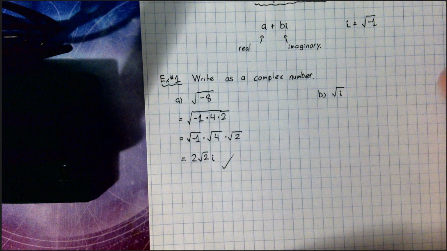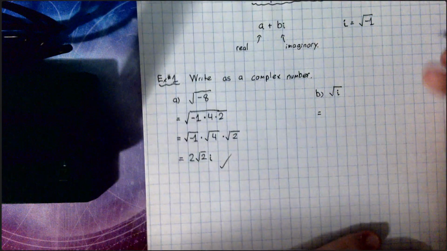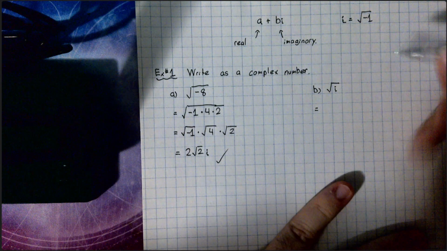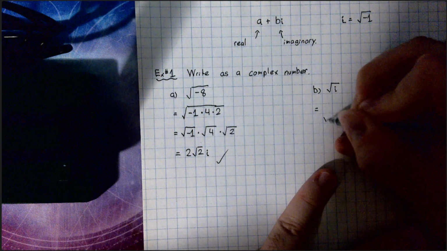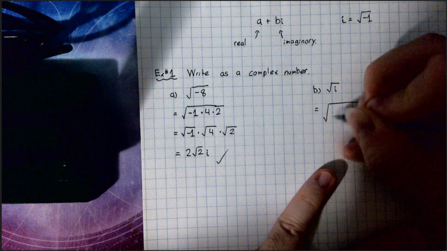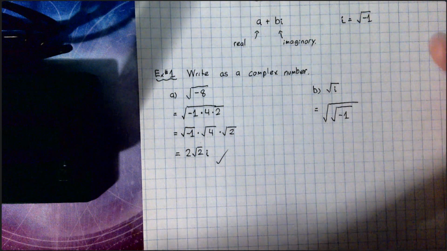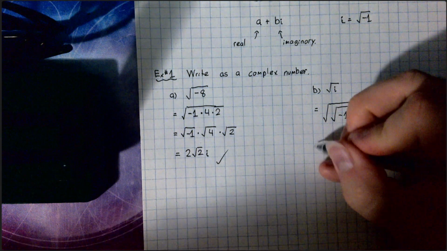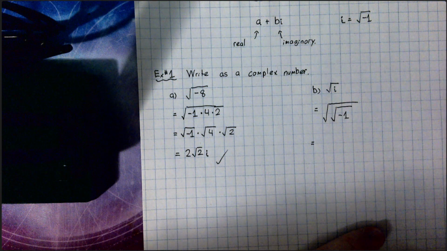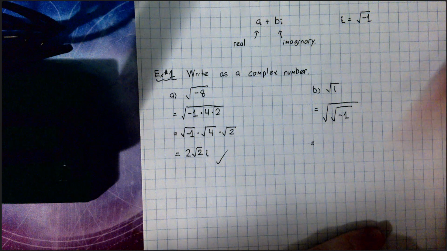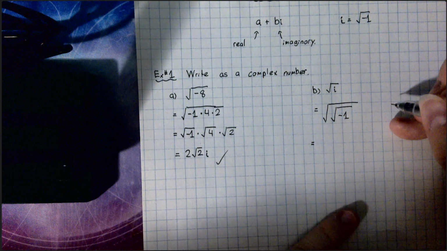Okay, so for this one, how can I simplify this any further? The way I can simplify it is by subbing in what i is. So I have, and I'm going to write it extra large, the square root of the square root of -1, right? I'm just replacing i with its definition. Now, instead of writing it as a radical of a radical, I'm going to get rid of the roots and rewrite this number as a power.